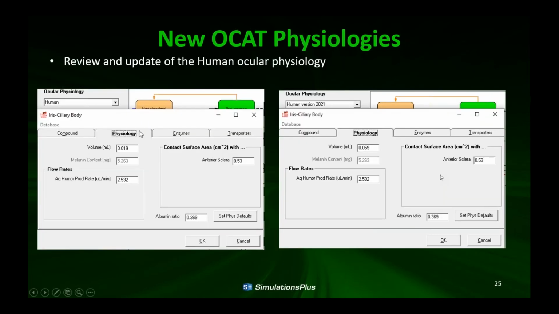Within this project, scientists reviewed all the published papers to find the physiology parameters for the human ocular physiology, and we updated this. The older physiology still keeps the name human, but for the updated one, we use human version 2021.